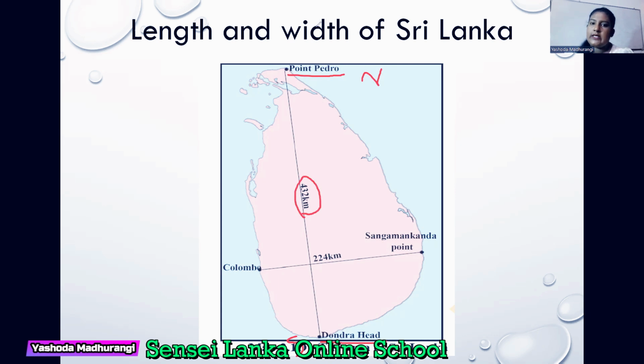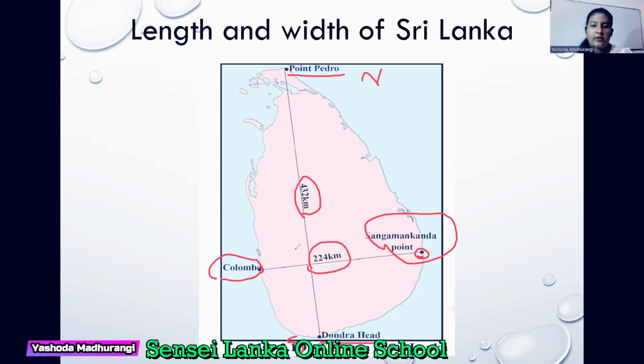Then we are going to learn the width of Sri Lanka. We are measuring the width of our country from Colombo to Sangaman Point. It is here. So what is the width of our country? 224 kilometers.